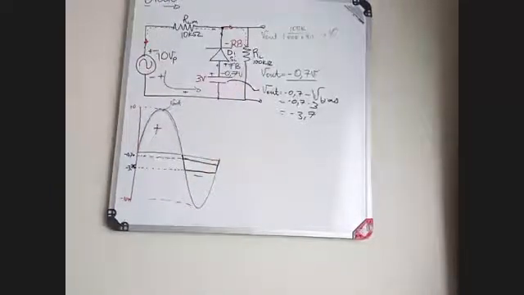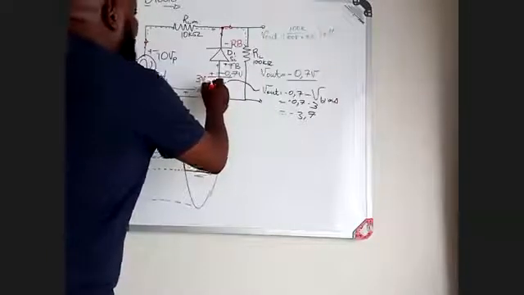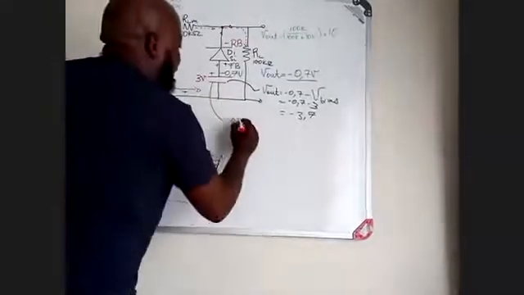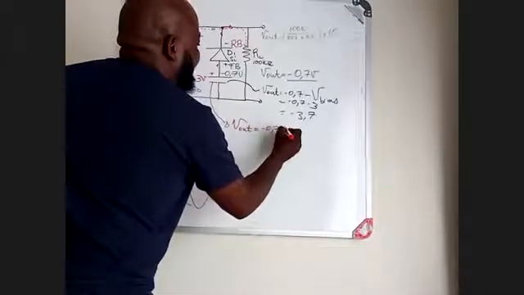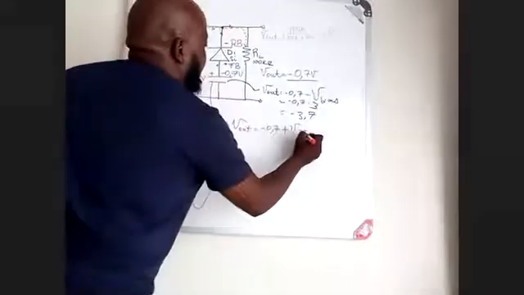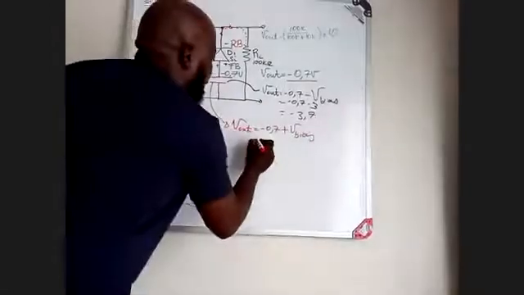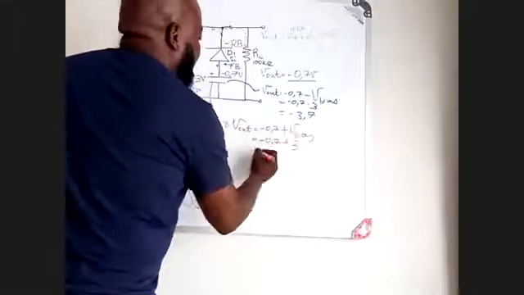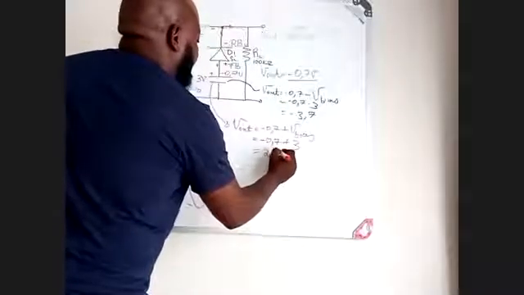Now, if it is connected in this manner, my output is going to be V out equals minus 0.7 plus V bias, which is equal to minus 0.7 plus 3, which is 2.3 volts.